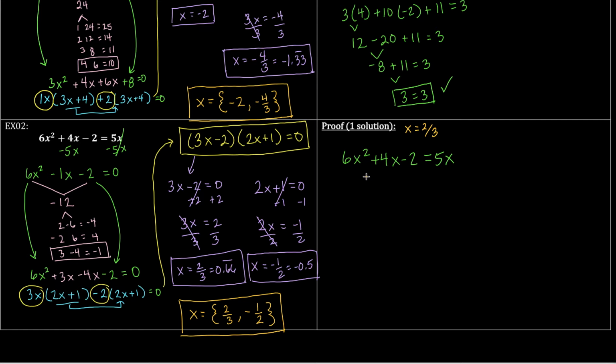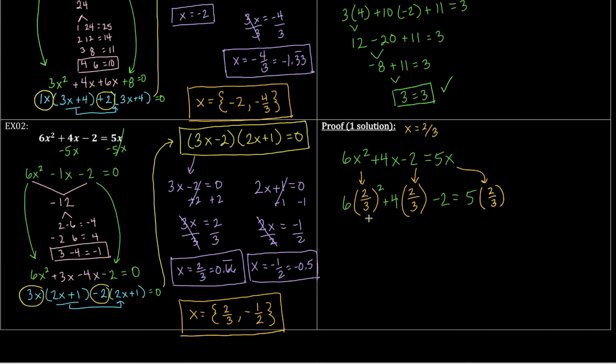So we end up with 6x squared plus 4 times 2/3 minus 2 equals, I forgot about this one, 5 times 2/3.